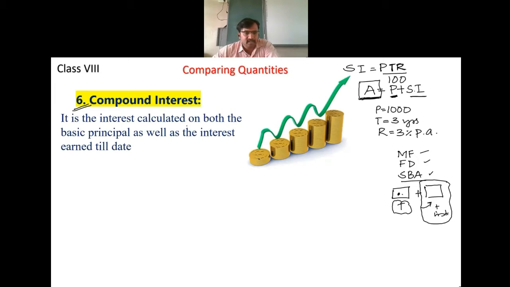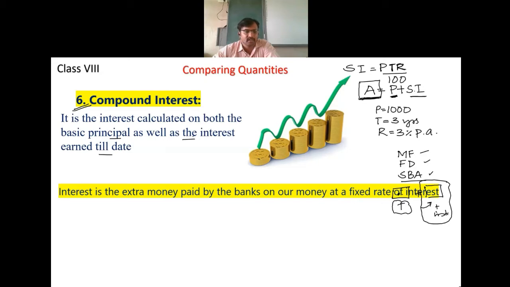Compound interest is calculated on both the basic principal as well as the interest earned till date. Interest is the extra money paid by the bank on our money at a fixed rate of interest.